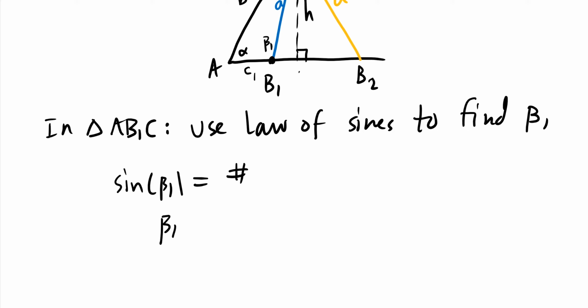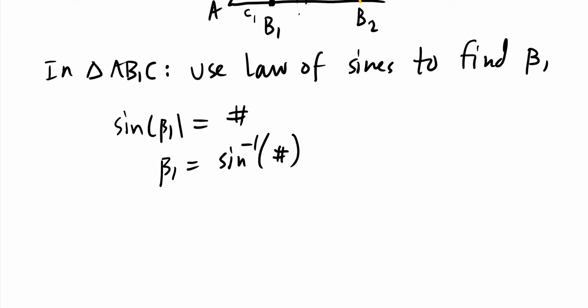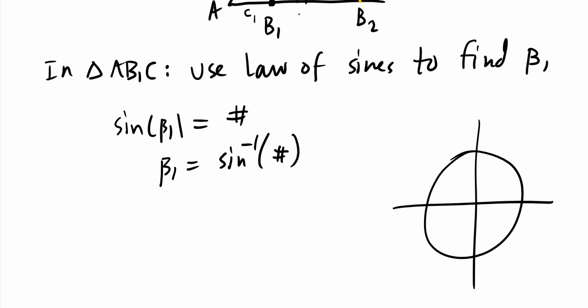Then beta 1 is sine inverse of that number. Okay? When you put that in the calculator, it's going to give you an answer. Not usually, sine is always positive from 0 to 180. And that's because beta is one of the interior angles of the triangle, so it is going to be somewhere from 0 to 180. Right?